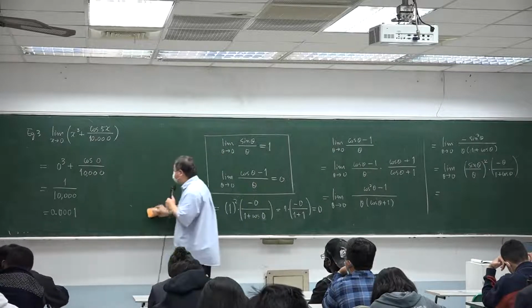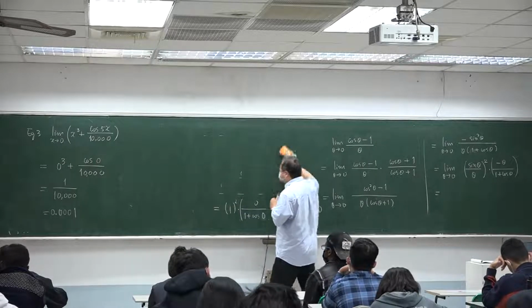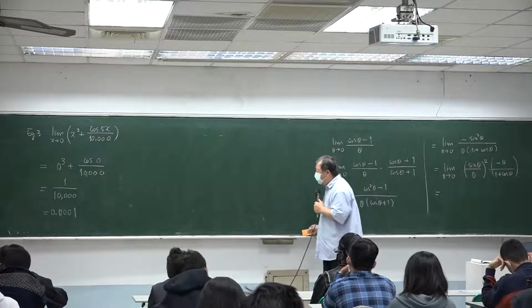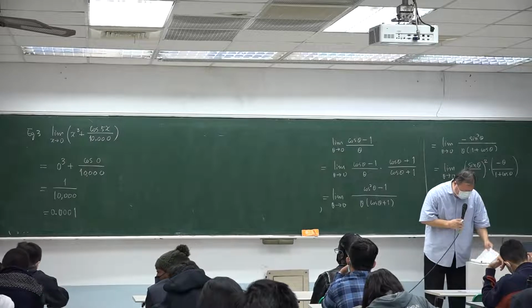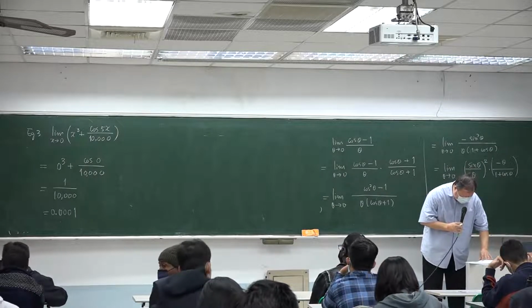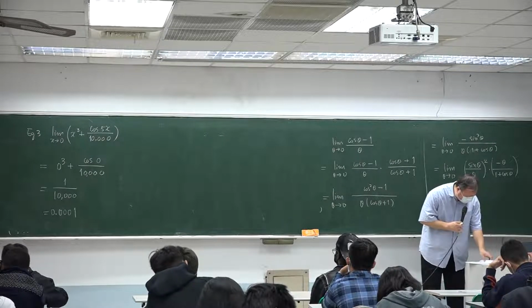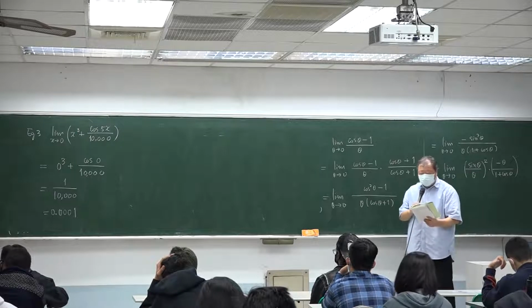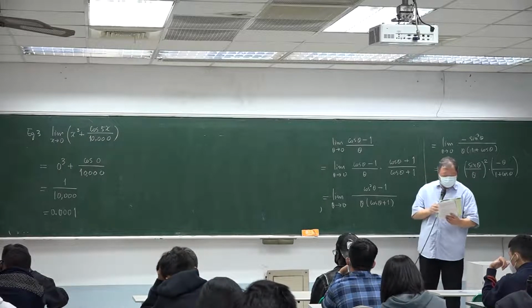Example 3. Example 4 is already solved. Example 5. In this example, the limit does not exist.